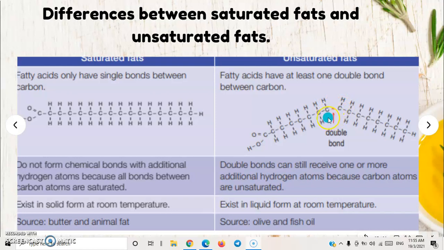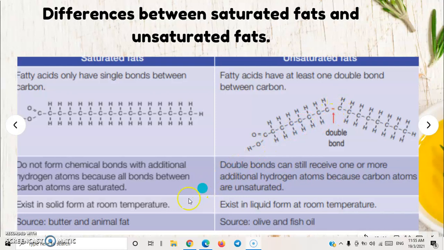But in saturated fat there is only a single bond, so it cannot link with additional hydrogen atoms. Here it can still receive hydrogen atoms.